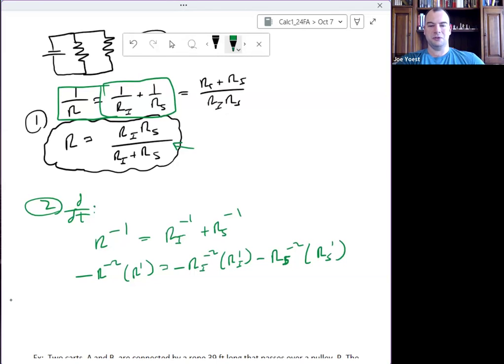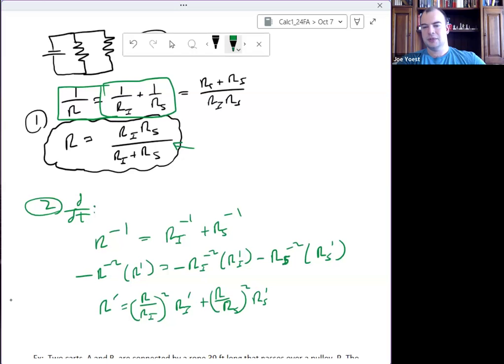And same algebra as before, I'm going to multiply through by negative R squared. And that gives me R prime is R over Ri squared, Ri prime, plus R over Rs squared, Rs prime.